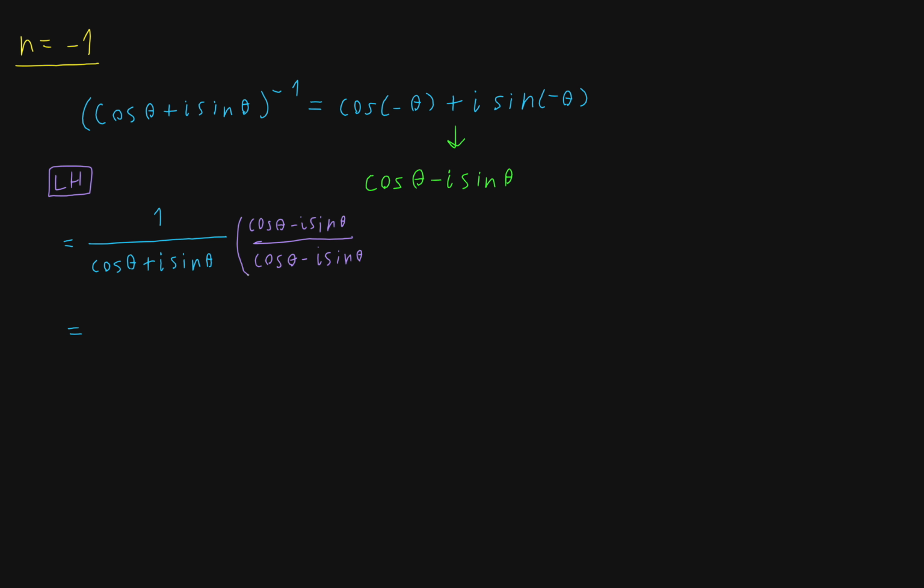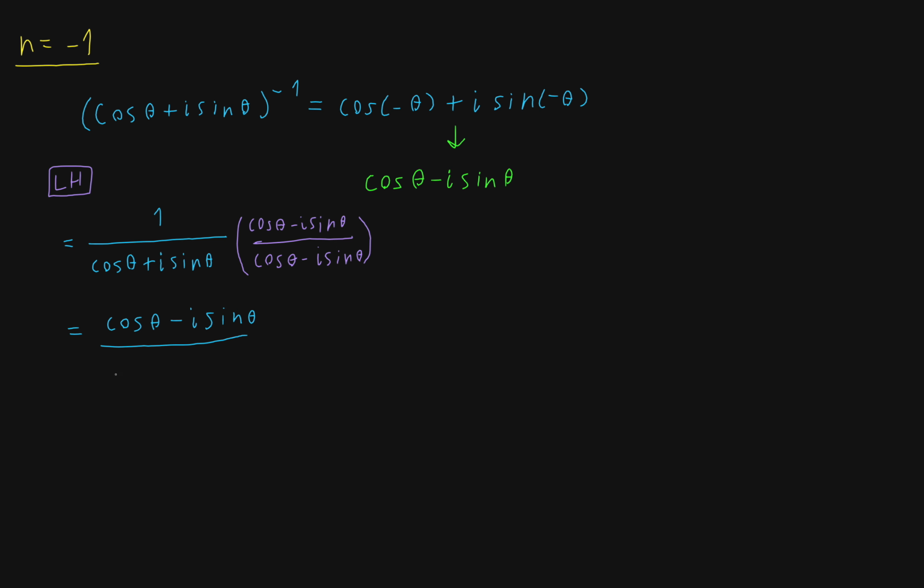This way we can get rid of a complex denominator. So now we're going to have cosine theta minus i sine theta over, so these guys are going to get multiplied by a difference of squares.